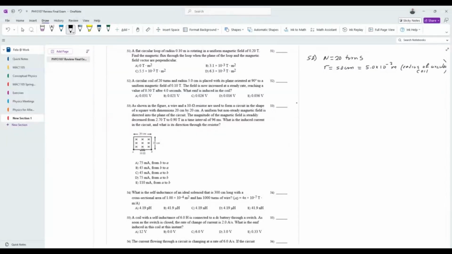Now, what else? They say that the loop is placed with its plane oriented at 90 degrees to a uniform magnetic field of 0.10 Tesla. So the magnetic field is 0.10 Tesla, perpendicular to the plane of the loop.